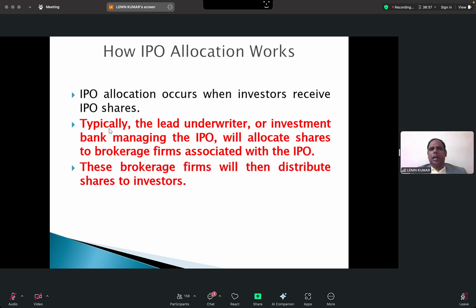Suppose NBD says they will bring more money, so they are called the lead bank. Typically the lead underwriter or investment bank managing the IPO will allocate shares to brokerage firms associated with the IPO. Please understand this point.